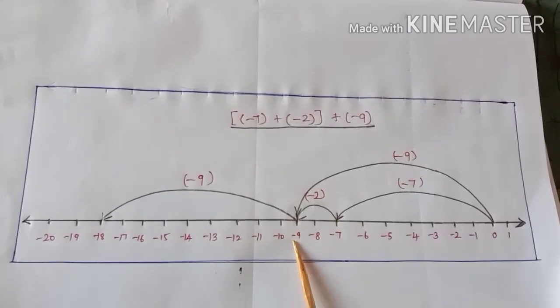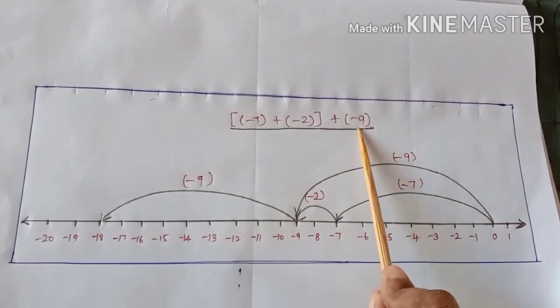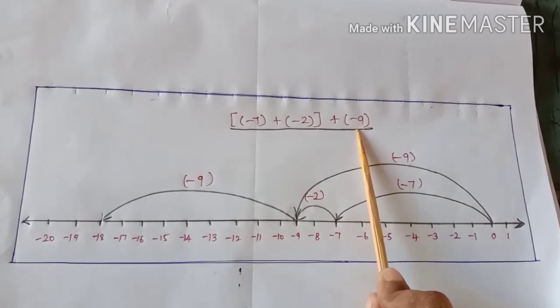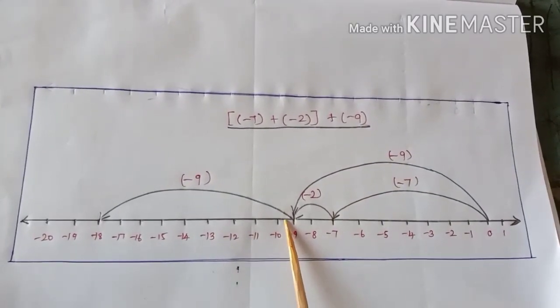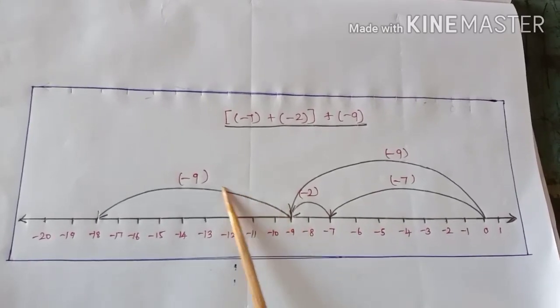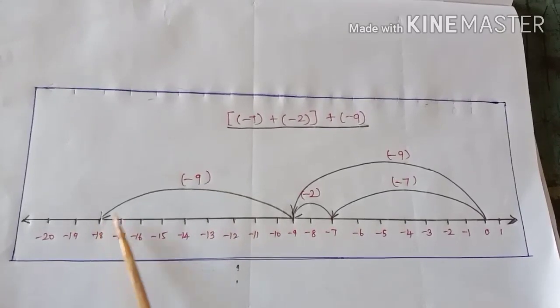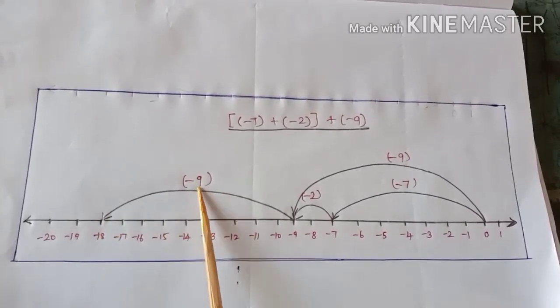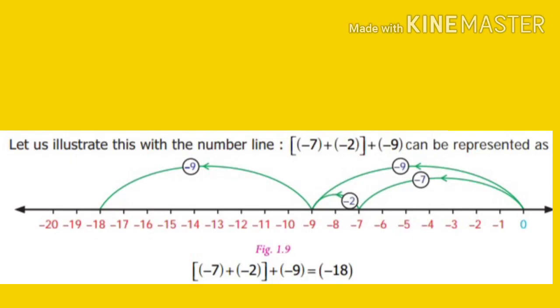Again we have to add this value with the third value, minus 9, which is a negative integer. So we have to move 9 steps backward from minus 9. That is, now we are at the position minus 18.